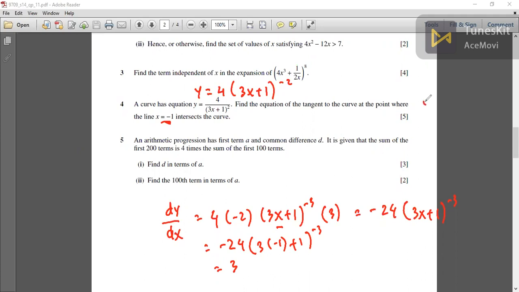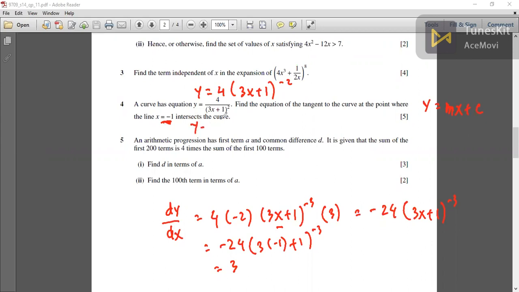Remember the equation of tangent is y equals mx plus c. Of course, we have not known the c, so we have to find the c first. We already know the x equals minus 1, we have to find the y.